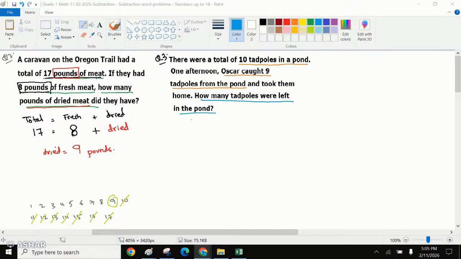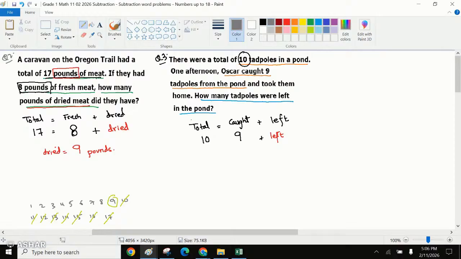So can we see that the total number of tadpoles was 10? Agreed. 9 were caught. And how many would be left? We don't know how many are left, right?